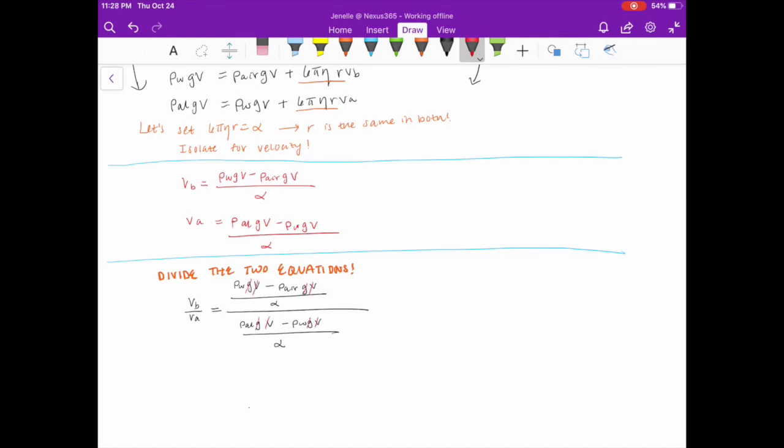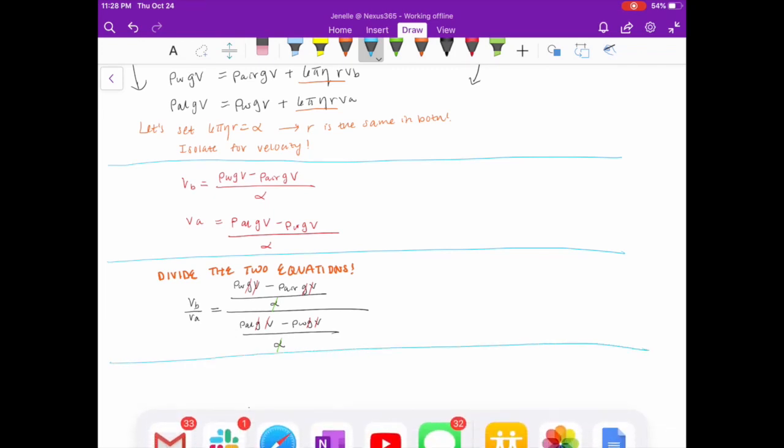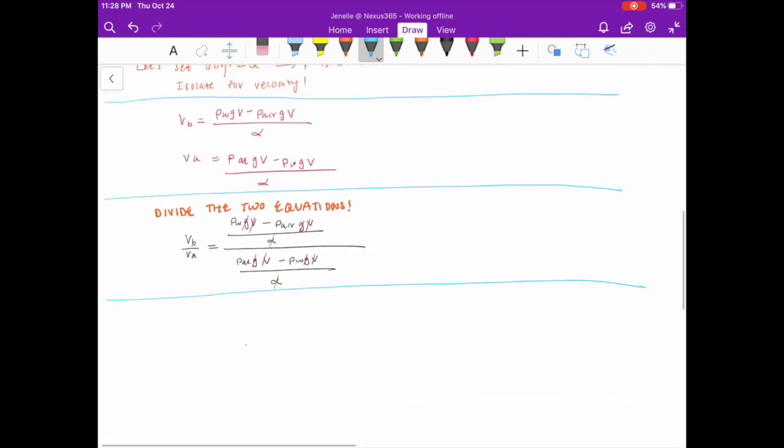We can also cancel out the volume and the alpha constant because we are told from the very start that the radius of the aluminum sphere and the radius of the bubble are the same. After canceling out these constants, let's rewrite our equation. And so we get that the velocity of the air bubble over the velocity of the aluminum sphere is equal to the density of water minus density of air over the density of the aluminum minus the density of water.